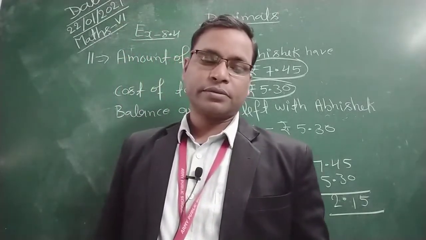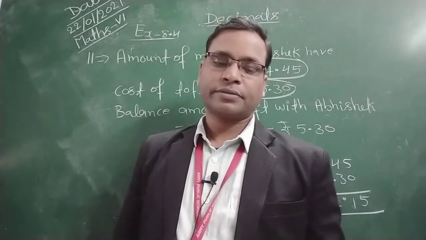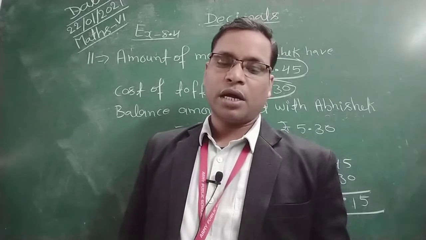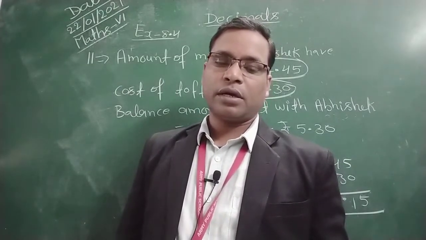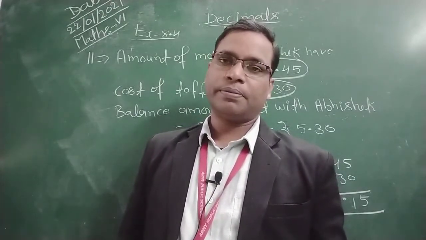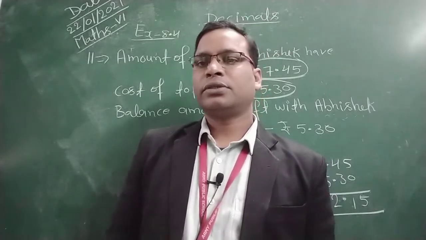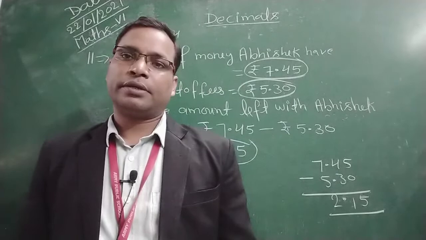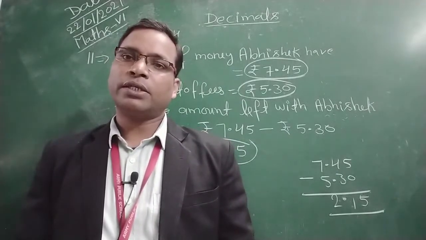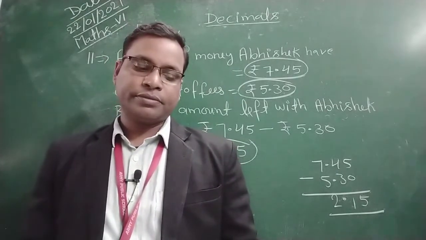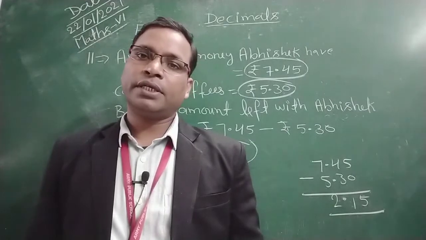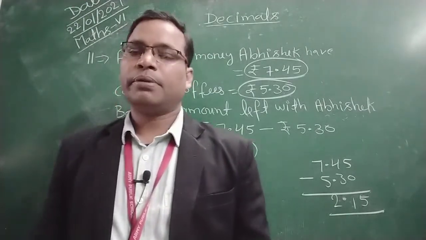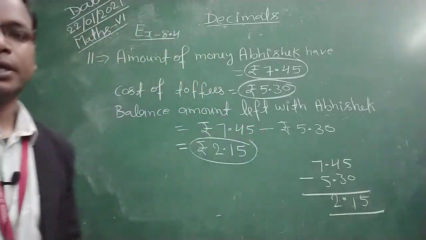She bought one ice cream for 11.75 rupees. How much money does she have now? Okay, so if you subtract the cost of one ice cream from the amount of money Rani has, then you get the money left with Rani.